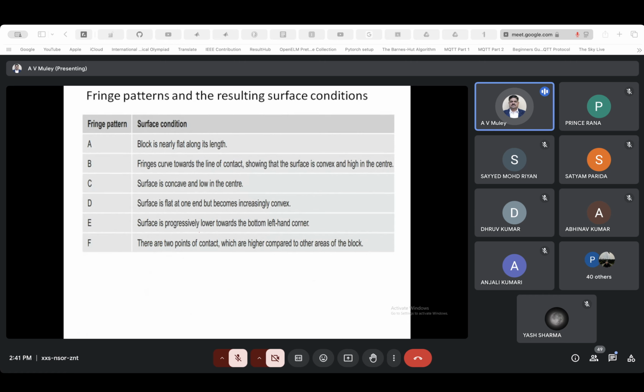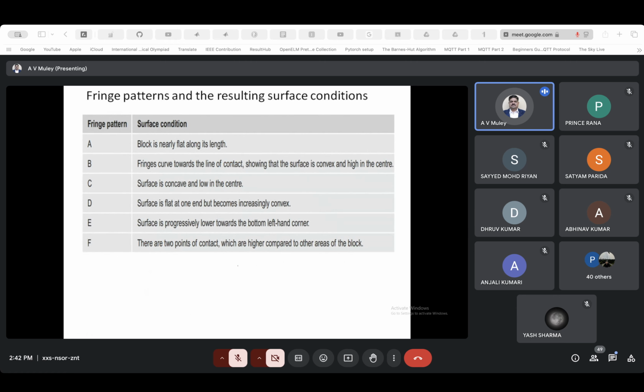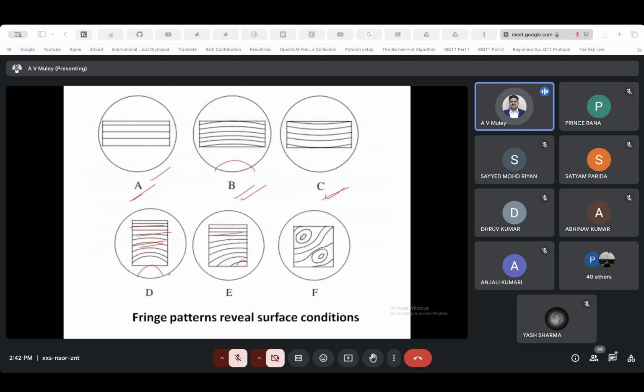Surface is progressively lower toward the bottom left corner. तो एक कॉर्नर पे वो फ्लैटनेस भी कम होती जा रही है, ठीक है ना. यहाँ फ्लैट, उसके बाद ये एक तरह से कॉन्वेक्स कह लीजिए उसको, लेकिन ये कॉर्नर पे, सेंटर पे नहीं है. And there are 2 points of contact which are higher compared to other areas of block. यहाँ 2 points of contact है which is higher to other areas of block. So these are the patterns which are formed.